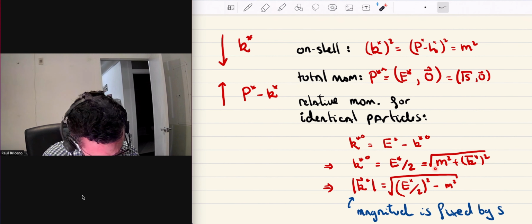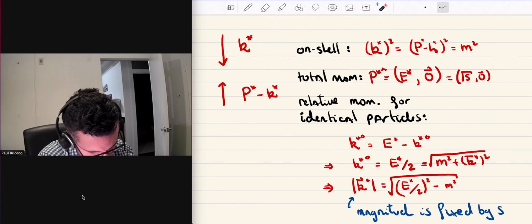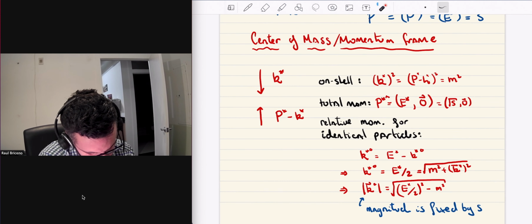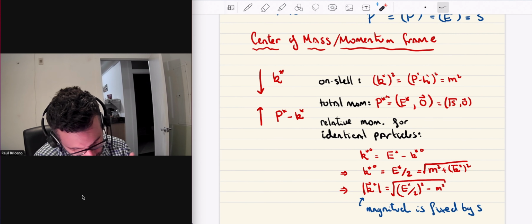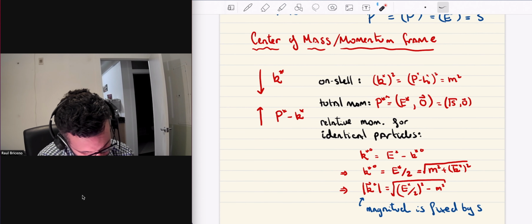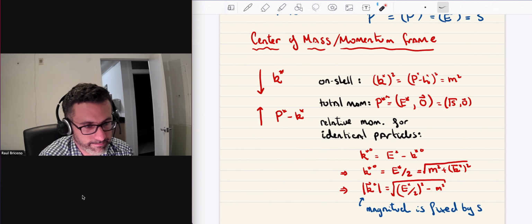But that's equal, by the on-shell condition, to the square root of m squared plus the spatial part of the momentum squared, right? And so this tells me that, from the fact that these are on-shell particles, the magnitude of their momenta is totally constrained by the energy.